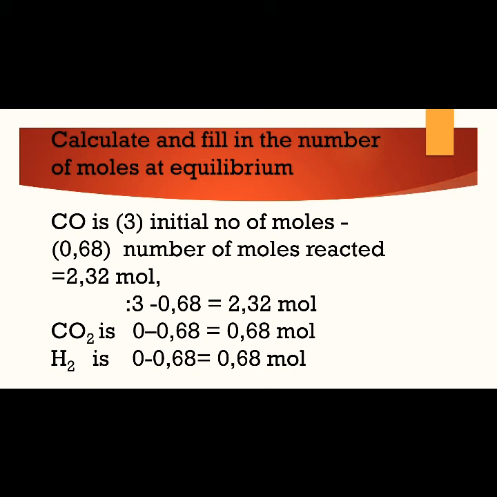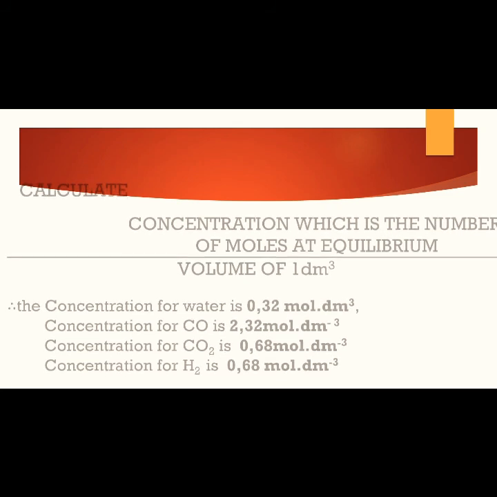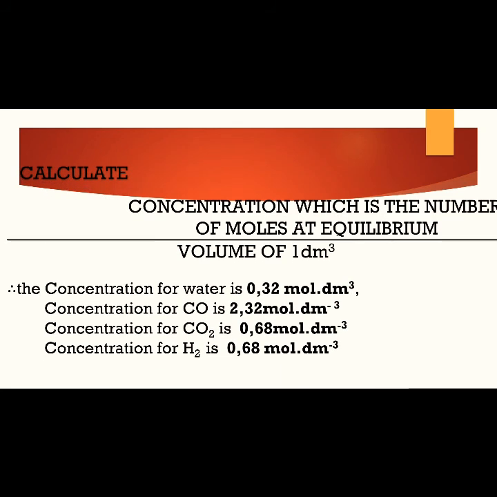Carbon dioxide is 0 plus 0.68, giving you 0.68 moles. Hydrogen gas is 0 plus 0.68, giving you 0.68 moles. I don't mind the signs, I'm just looking for the difference. Fill in the number of moles at equilibrium.